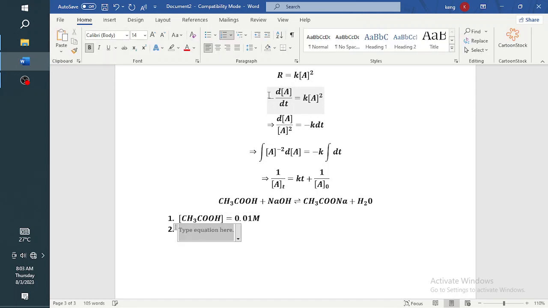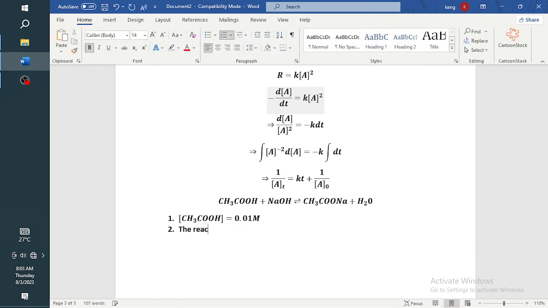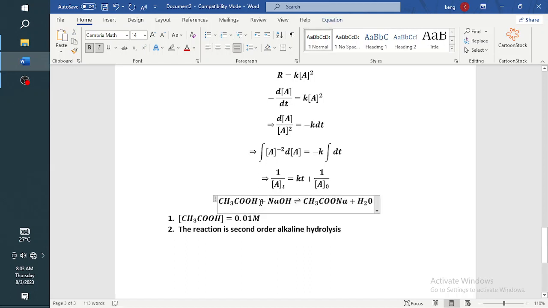The next thing was that the reaction is second order alkaline hydrolysis. This is just to tell us that sodium hydroxide is not actually a reactant, because alkaline hydrolysis is just saying that this is an alkaline medium, so this is the only reactant.